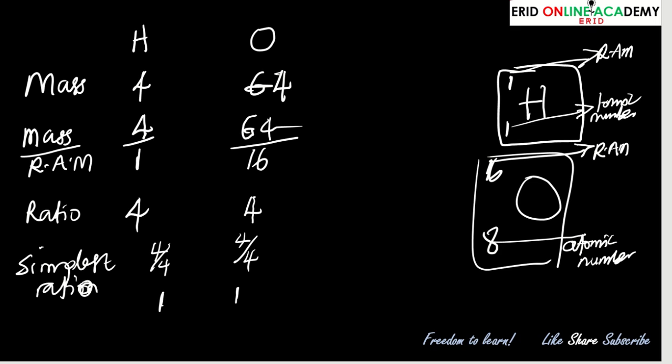So hydrogen to oxygen exists in the ratio 1 to 1. So your empirical formula is H1 and O1. But because the subscripts here are the same, to get the empirical formula, it's just H and O.